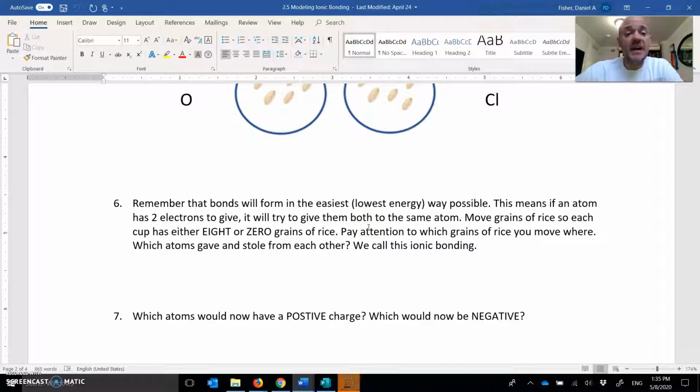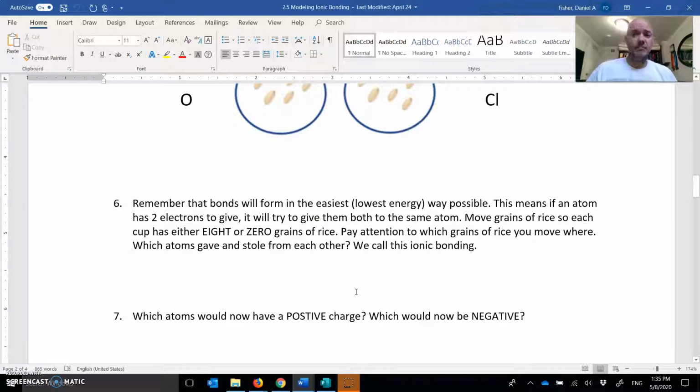So that means if an atom has two electrons to give, it's going to try to give them both to the same atom. So you're going to move grains of rice so that each cup has either 8 grains or 0 grains of rice. So you want it to be completely full or completely empty. And then you want to think about which grains of rice move where.